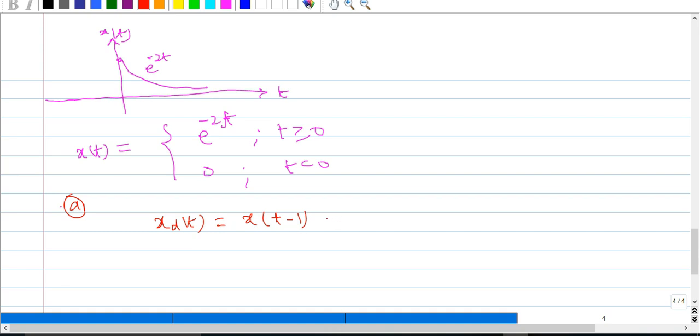Now what will be x of t minus 1? We can write from here, just replace t by t minus 1. Okay, so we'll get e to the power minus 2 of t minus 1, and here t minus 1 should be greater than or equal to 0, or it is t greater than or equal to 1.